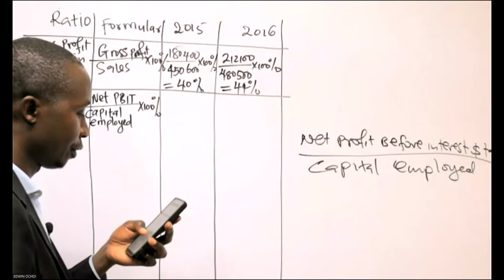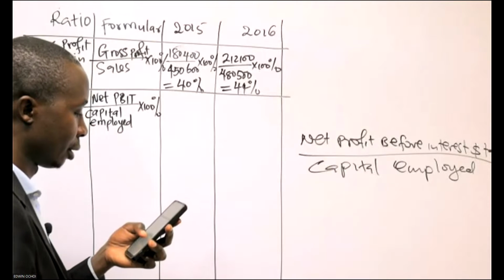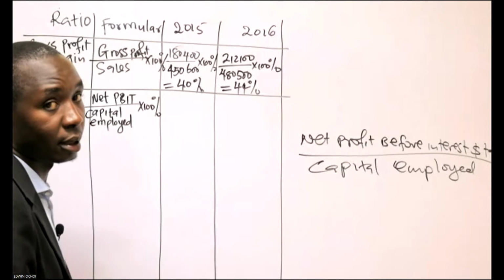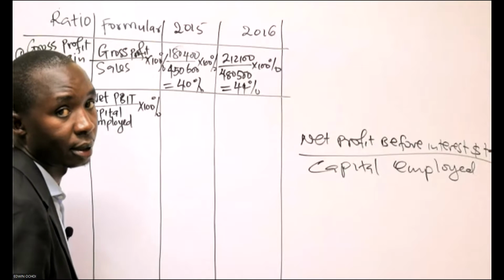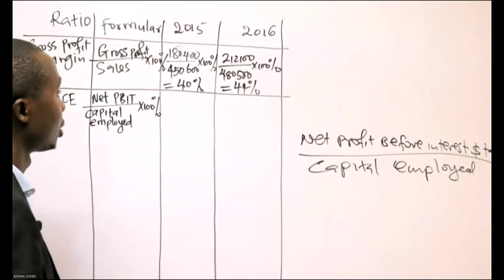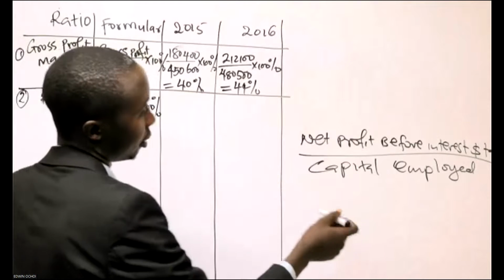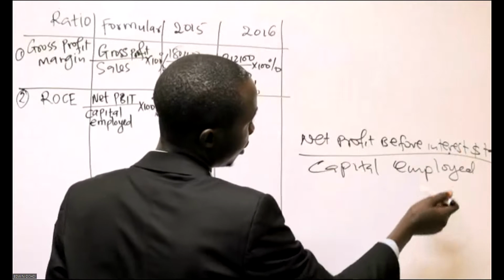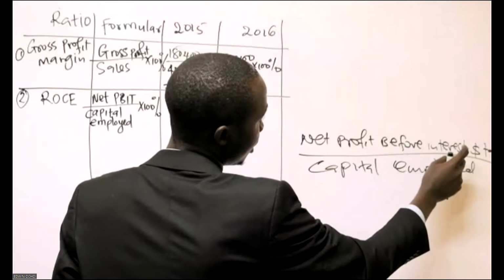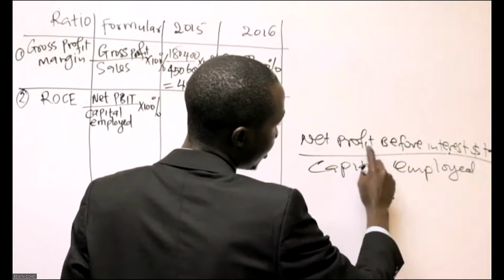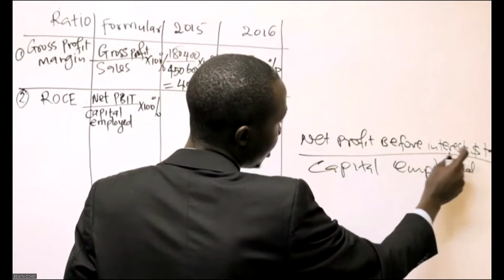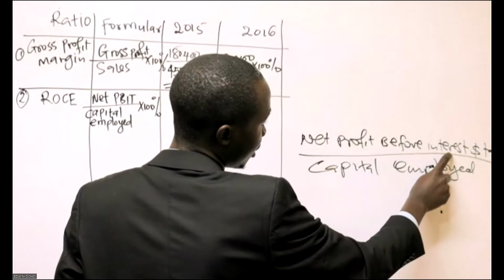Yes, we have net profit before tax, but they have already deducted interest. So meaning that we have to add back the interest, because we need the net profit before interest and tax. The net profit before tax has already subtracted the interest, which is the finance cost.